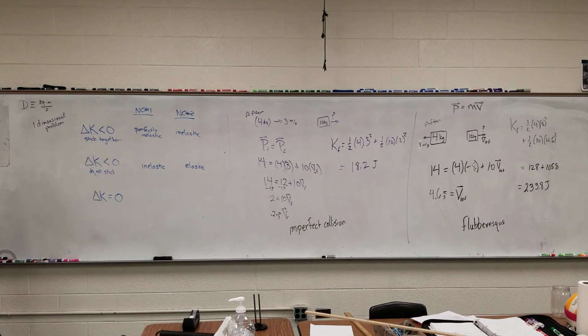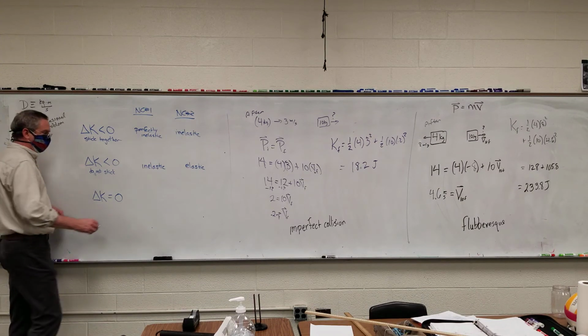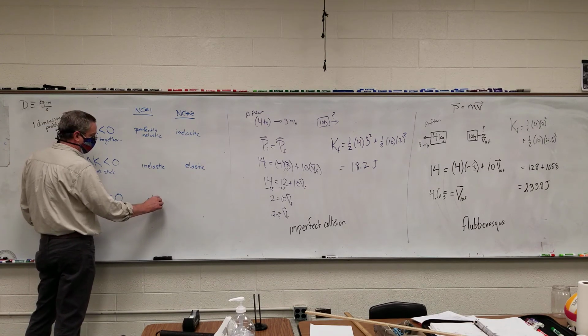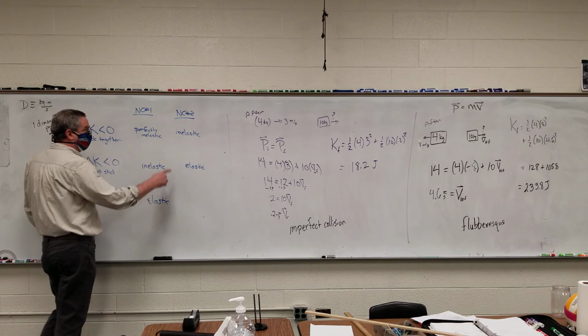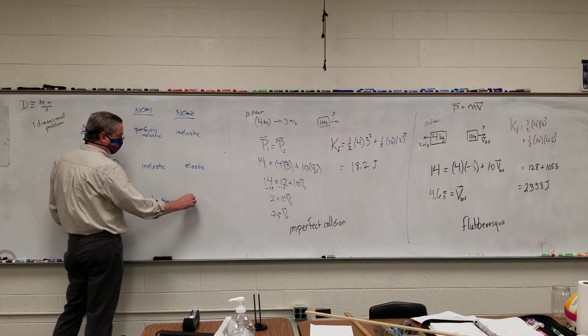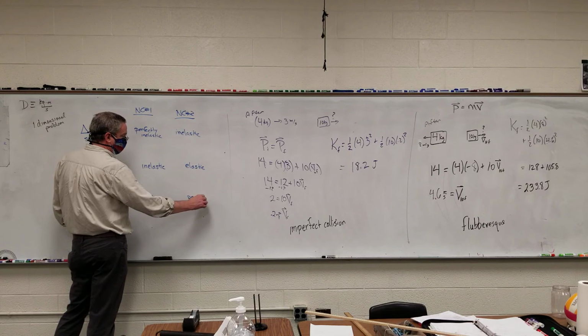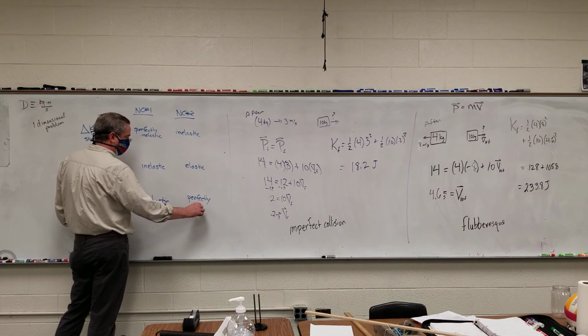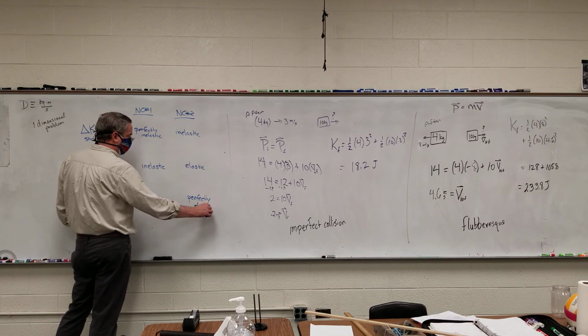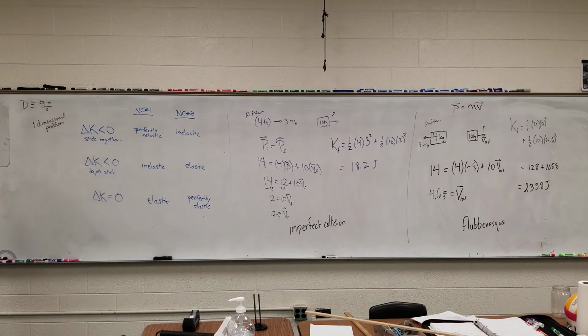If there's no loss in kinetic energy, under naming convention number 1, this is called elastic. And under naming convention number 2, it is perfectly elastic. You can see why certain of these words can have different meanings depending upon your source.